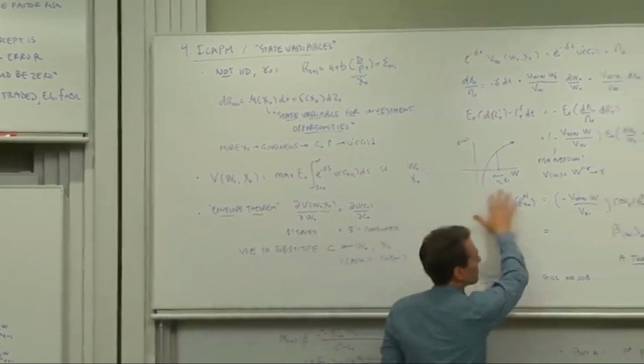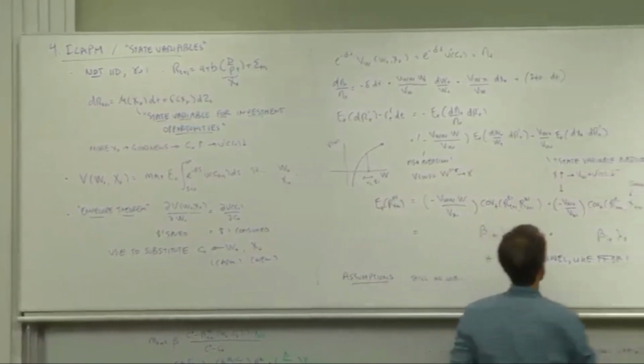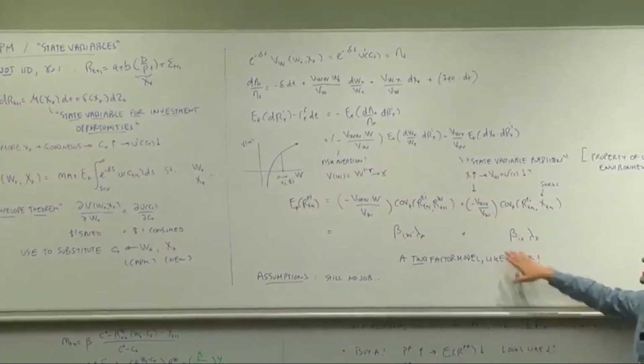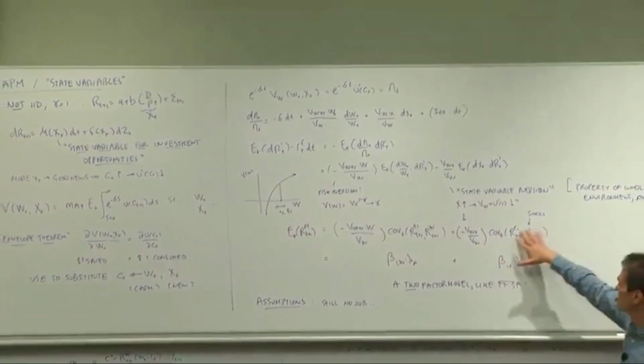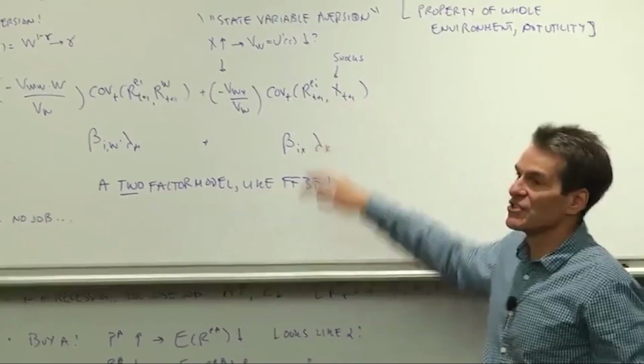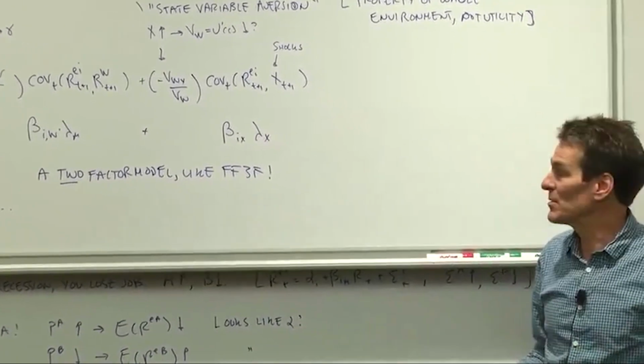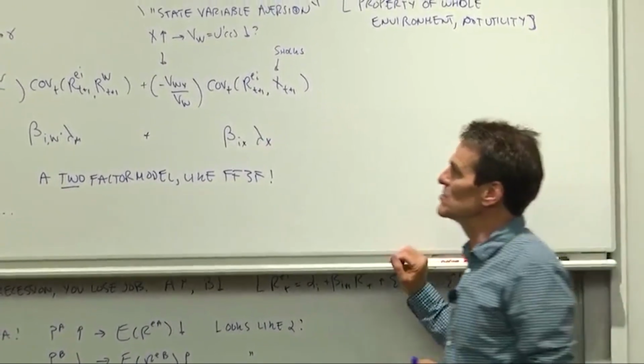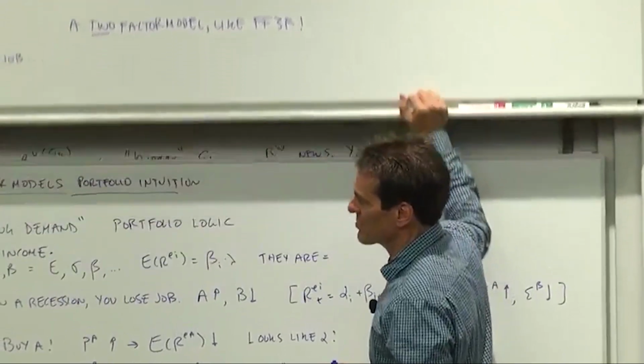We can do everything we've done before, except now we're going to interpret VWX and this covariance here as covariance with shocks to news about future outside income, as well as shocks to news about investment opportunities. Those kinds of news shocks are another source of potential factors.